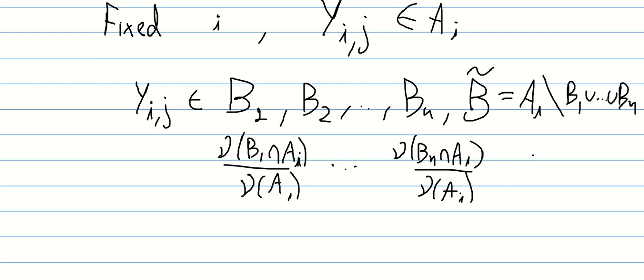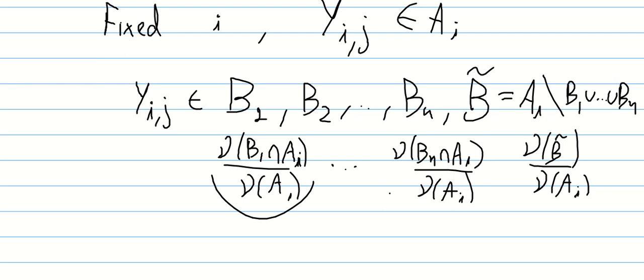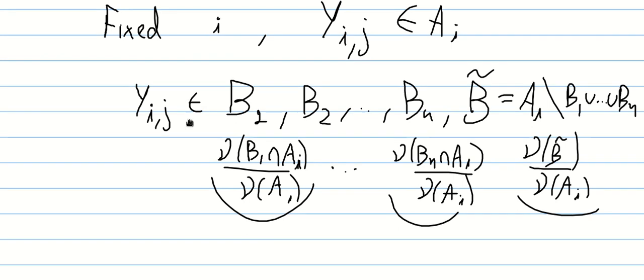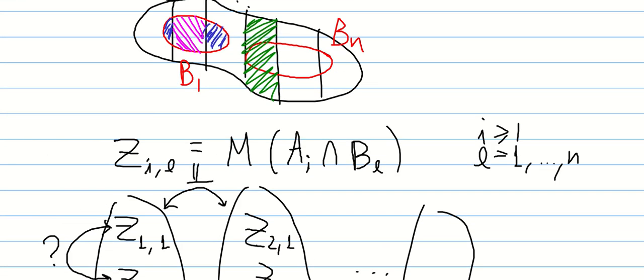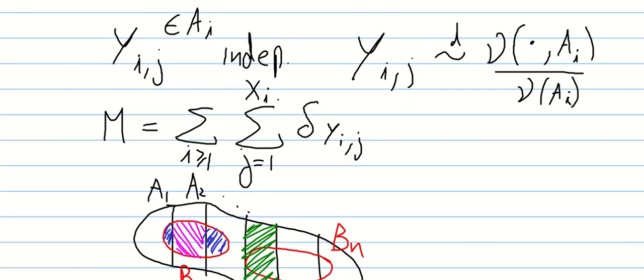And the last one is chosen with nu of B tilde intersect A_i, we don't even have to intersect now, over nu of A_i. So here we have some probabilities, non-negative numbers that sum up to 1, so they're probabilities that select each point in our Poisson random variable X to color it in different colors.